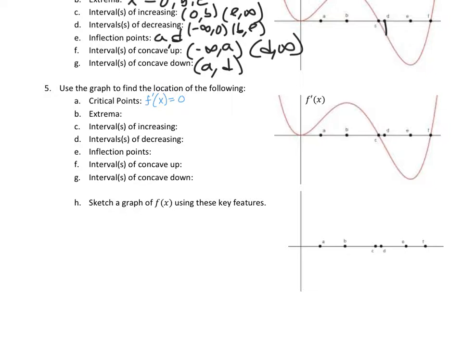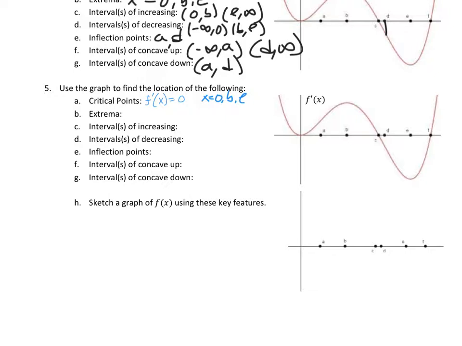So looking at the graph, where is f prime of x equal to 0 or undefined? F prime of x is 0 at x equals 0, b, and e. By the way, these two graphs have nothing to do with each other, so don't get confused there. Maybe it would be a good idea for us to use a g of x or something like that, but we didn't. Oh well.